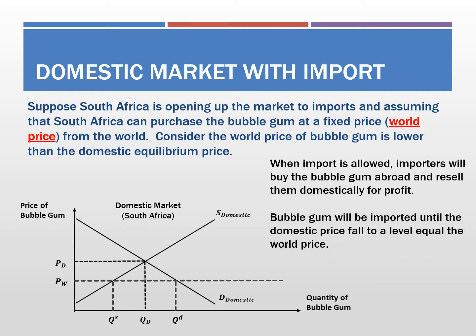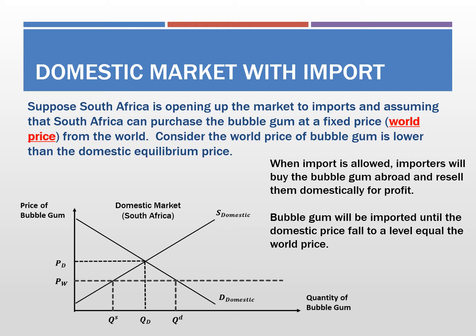And in this case, the bubblegum will be imported until when? If you're an importer, you would like to keep importing these products to South Africa to make money. But of course, at some point, you would like to stop. You would like to stop selling this bubblegum from different parts of the world in South Africa at the last buyer willing to pay this price, where you can still at least break even.